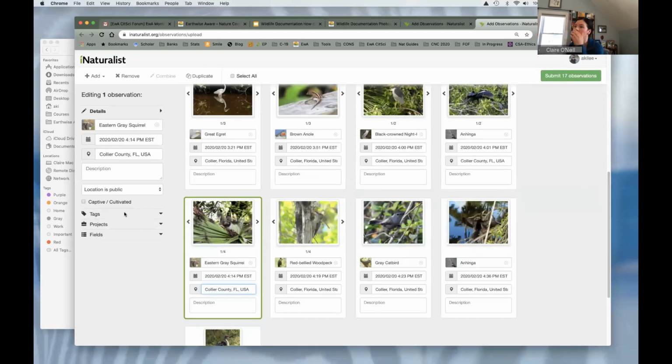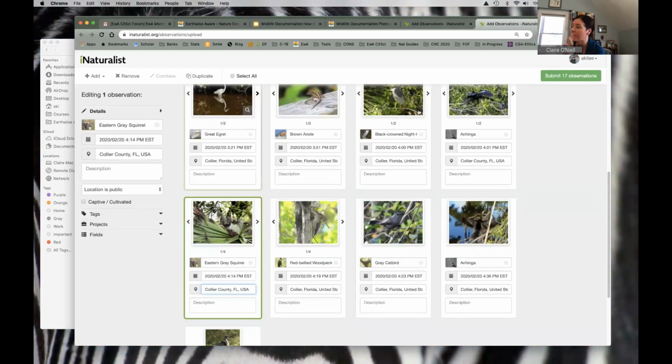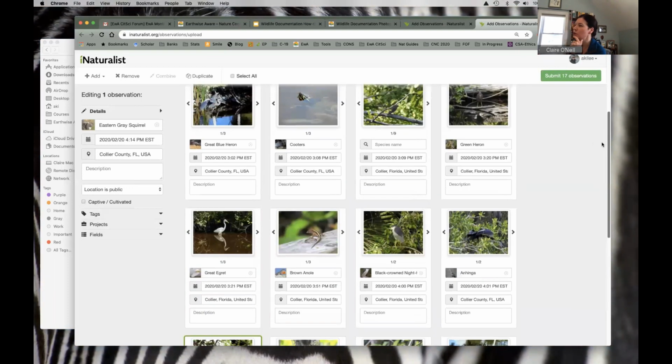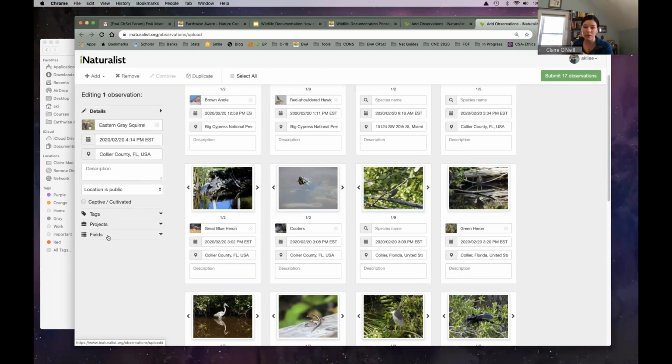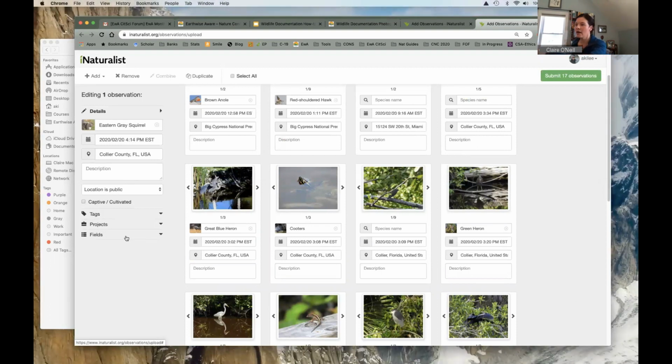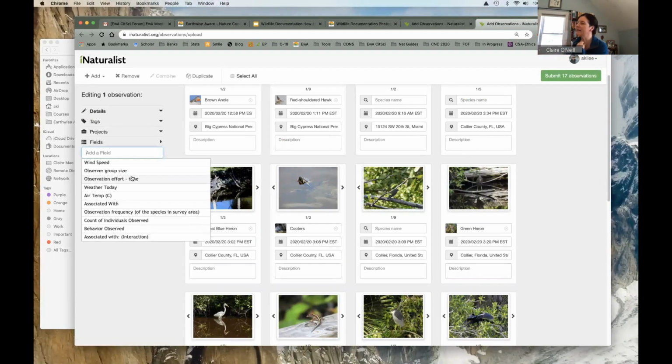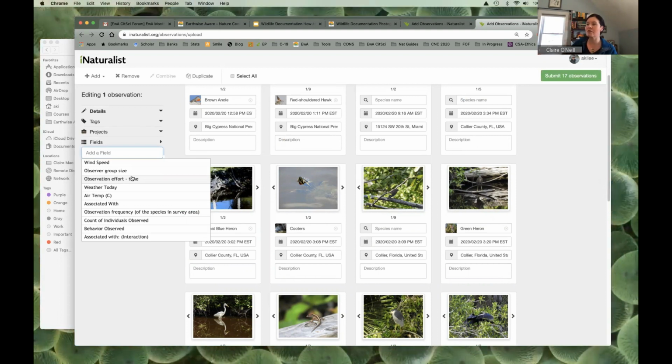So, something else that I want to mention, something you might want to do. I'm not doing that for this set, but often what we do in our projects, once you start having projects out there, we have sets of fields that we might use for some of our observations when we are in a survey context. So iNat has sets of fields out there.